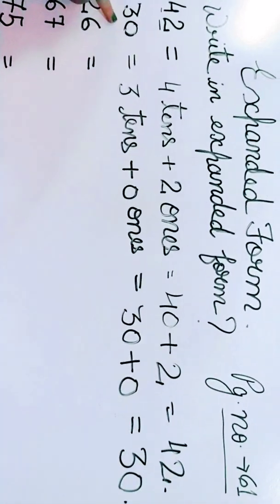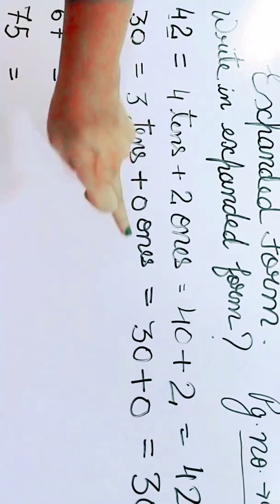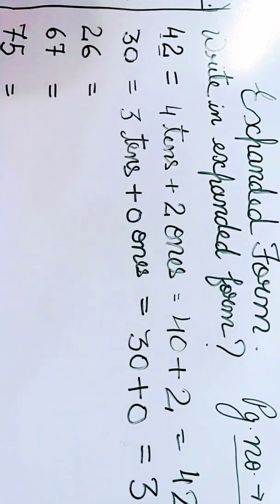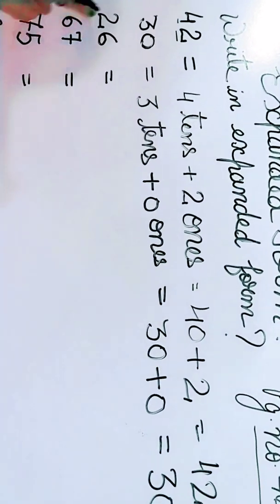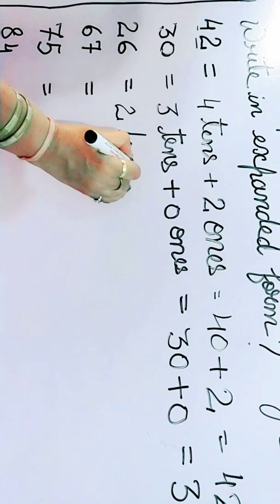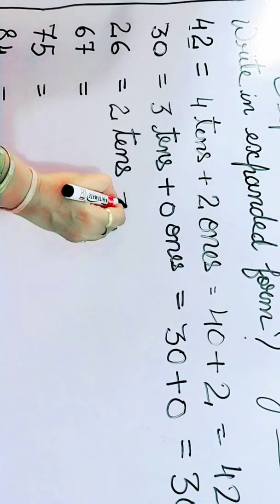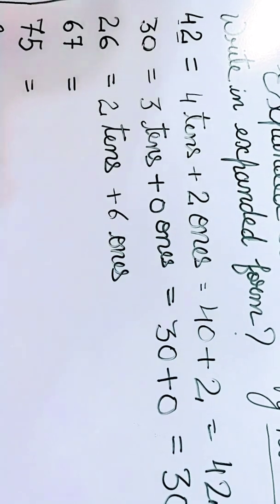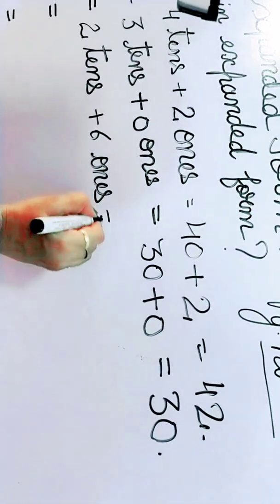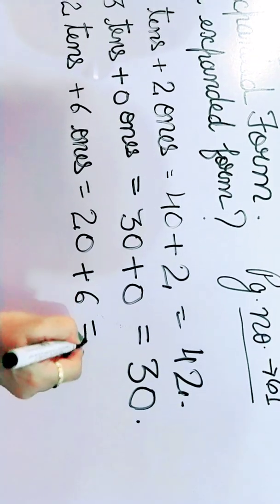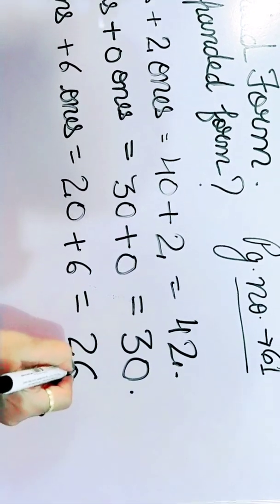When there is a 0 digit, you have to do like this. And when there are 2 digits, you have to do like this. Now 26, another example. 2 tens plus 6 ones is equal to 20 plus 6, which is 26.